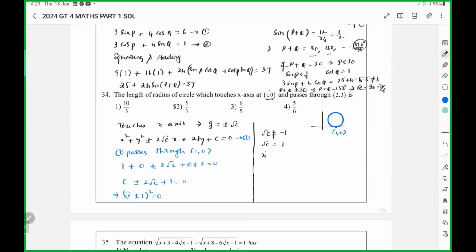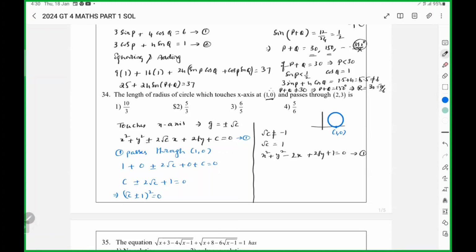So then the circle equation becomes, what we have to take is minus 2 root c plus 2fy plus 1c.